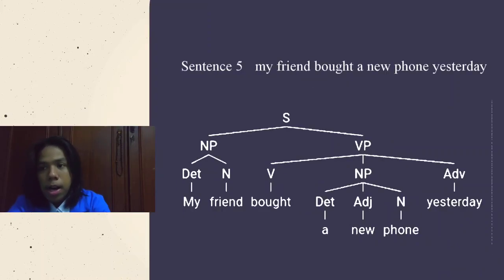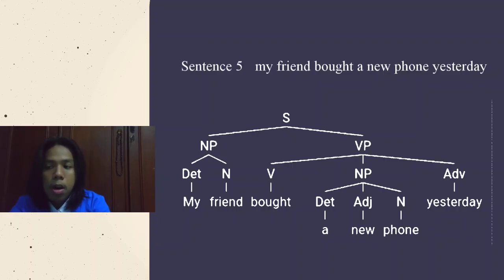Last sentence, "my friend bought a new phone yesterday." As always, we have to identify the noun phrase and the verb phrase. So the noun phrase here is "my friend." Same as the sentence before, "my" here is a determiner, or possessive determiner.